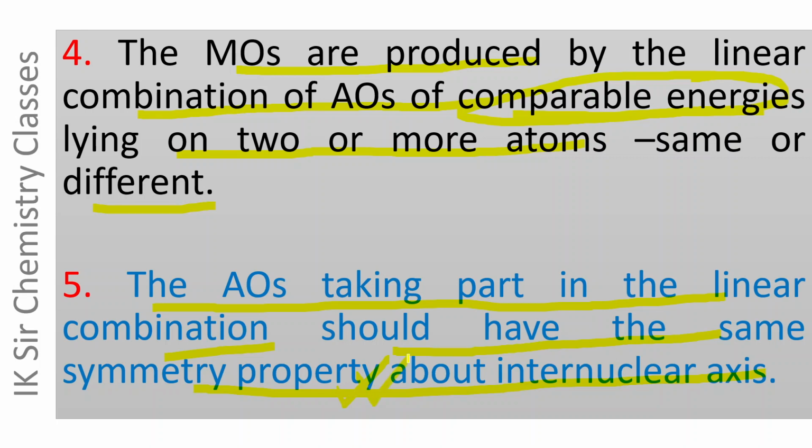It means if the two atomic orbitals taking part in linear combination are rotated about the internuclear axis, the sign of lobes of both the atomic orbitals should change or not.